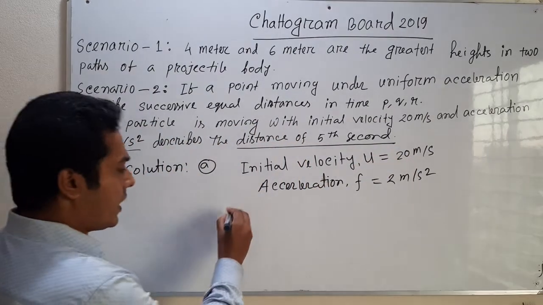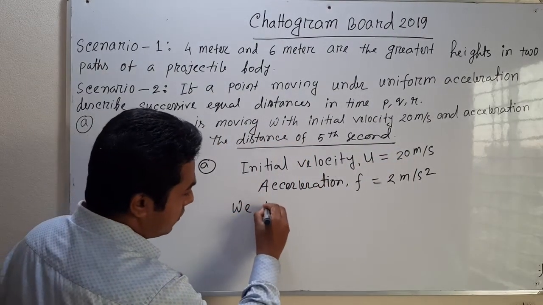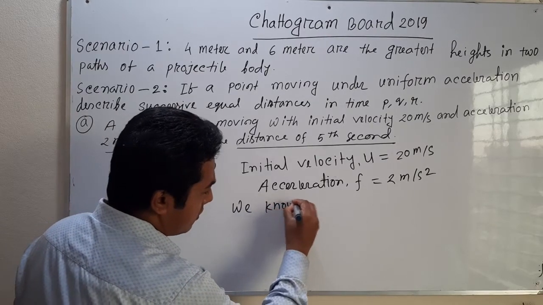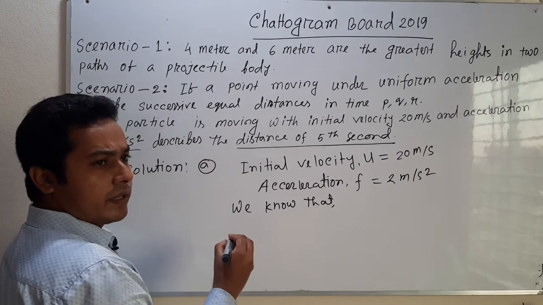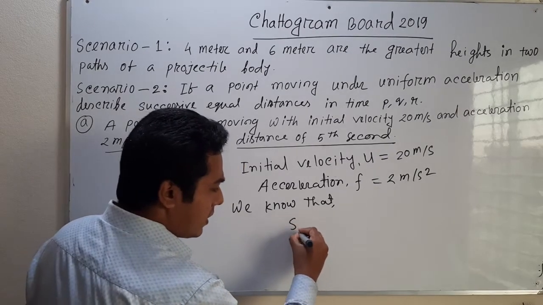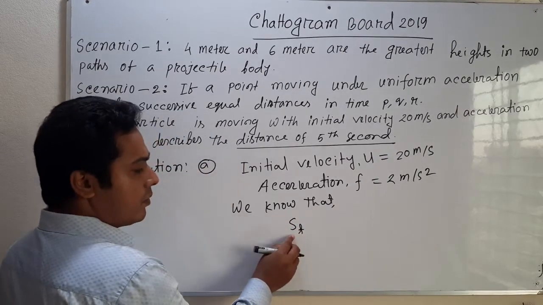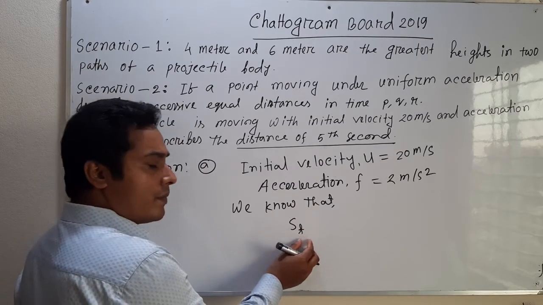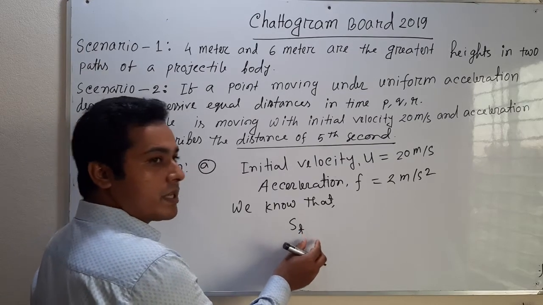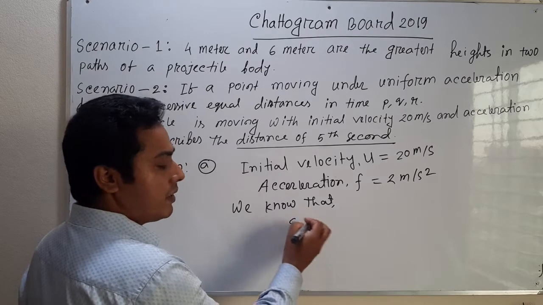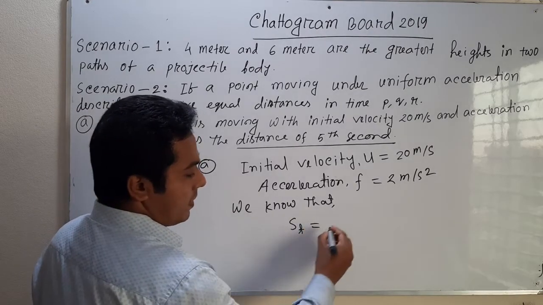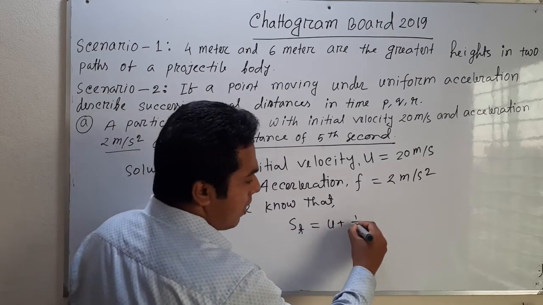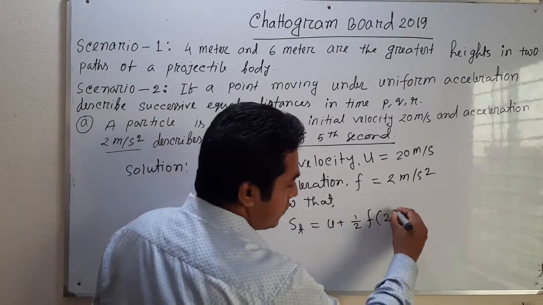We know that in the tth second the distance s_t, this is the formula for that time. It may be the 5th second, the 6th second, the 7th second; in any second we can find the distance during this time period. The formula is s_t equals u plus half of f into 2t minus 1.